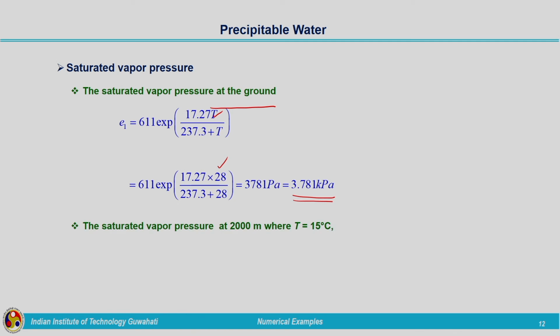Now, saturated vapor pressure at 2000 meters, the temperature is 15 degrees Celsius at delta Z is equal to 2000 meter. So, when we substitute 15 degrees Celsius in this particular equation, we will get the saturation vapor pressure to be 1.71 kilopascal at an elevation of 2000 meters above the ground surface.